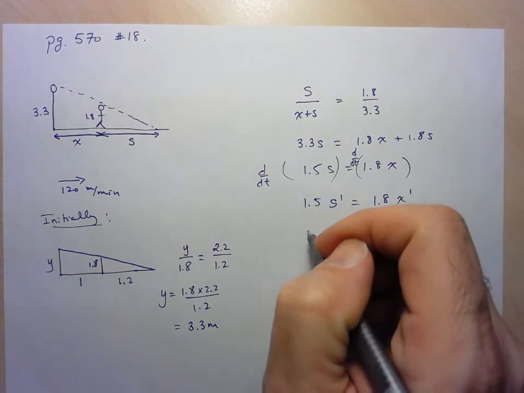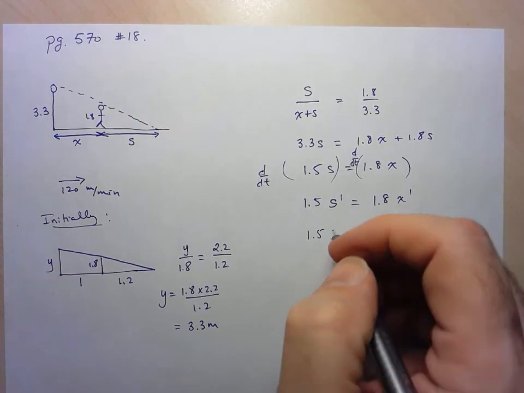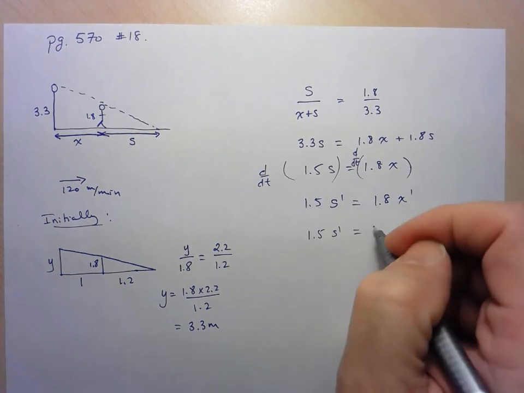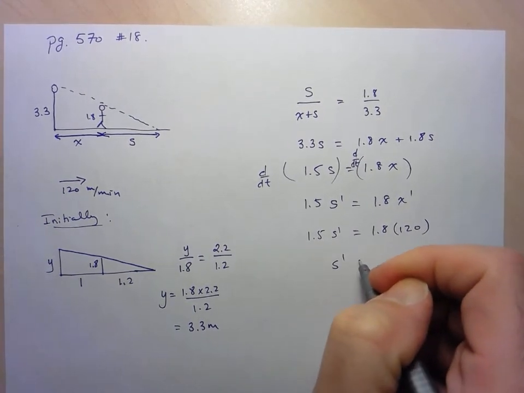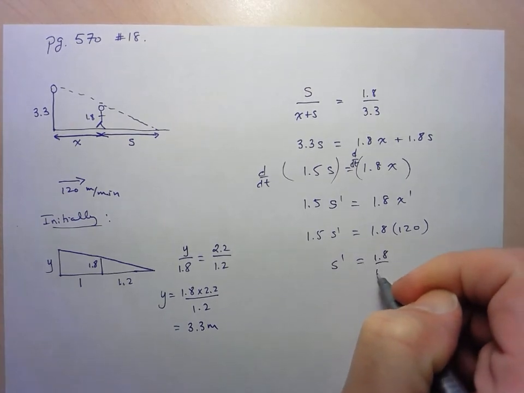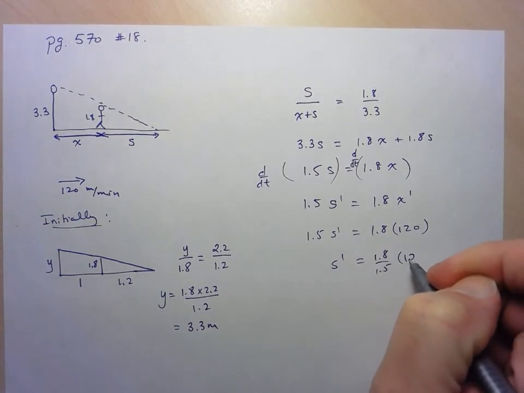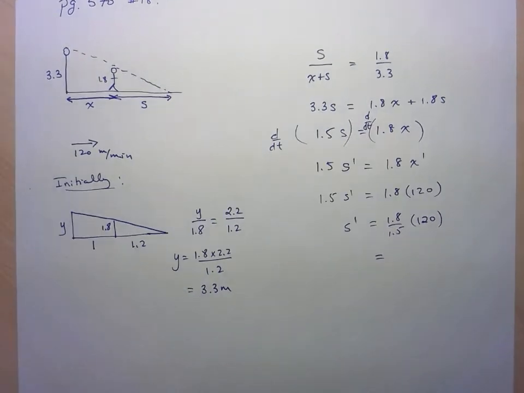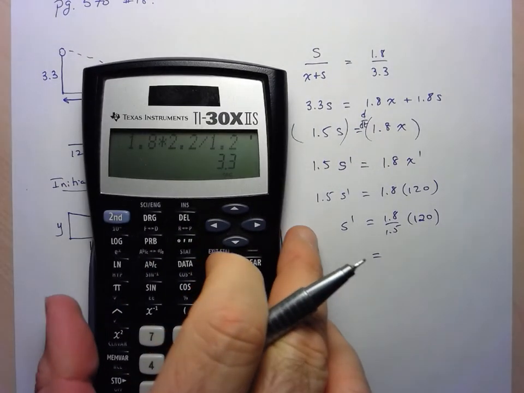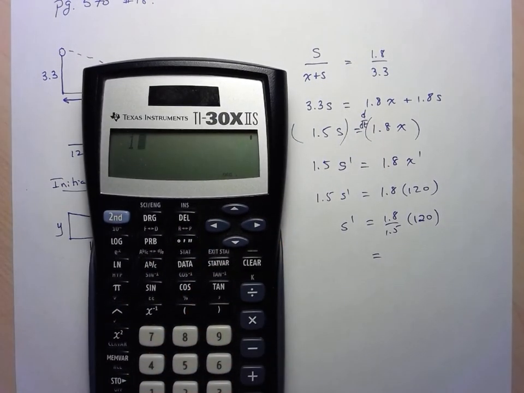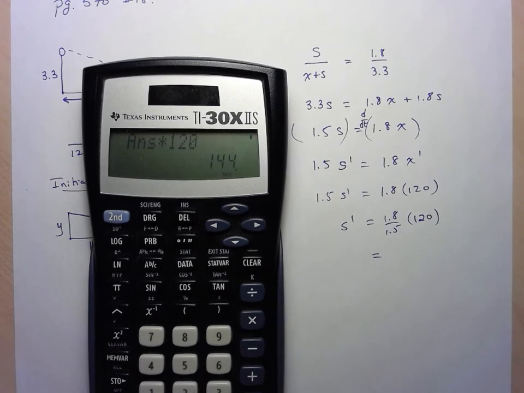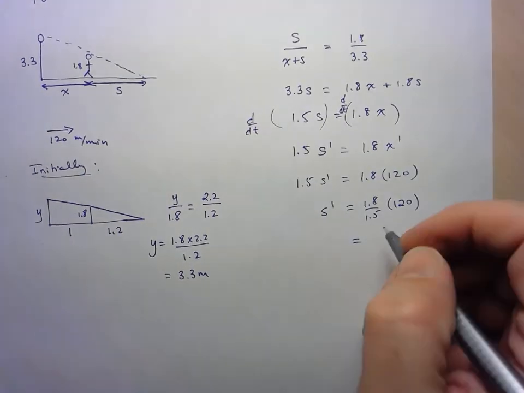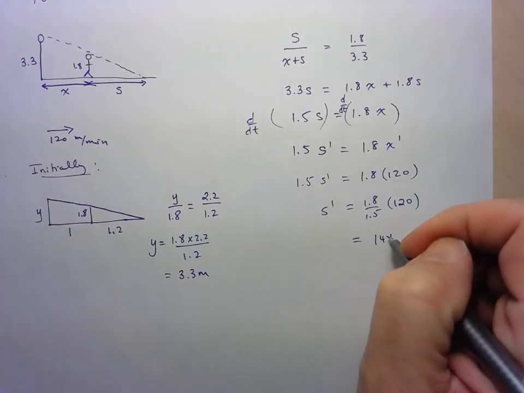So let's put in what we know. 1.5 s prime, where s prime is what I'm looking for and x prime is what I'm given, so s prime is just 1.8 over 1.5 times 120. So 1.8 divided by 1.5 times 120 is 144, which is what I'm looking for.